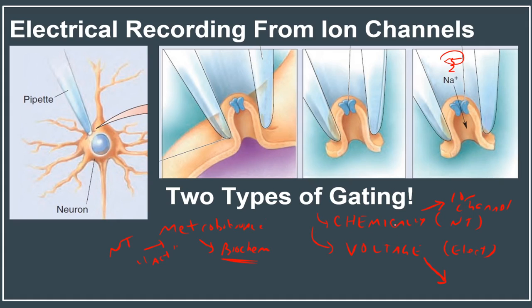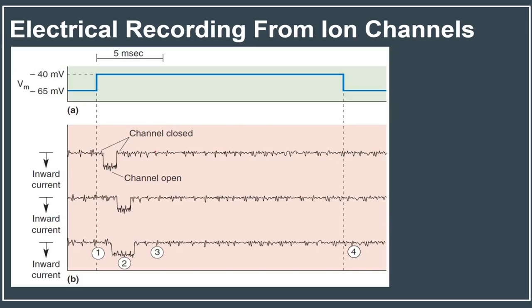And it's really cool. So if you look at a recording strip here, this blue line is a stimulus, and here they were recording from a voltage gated channel.